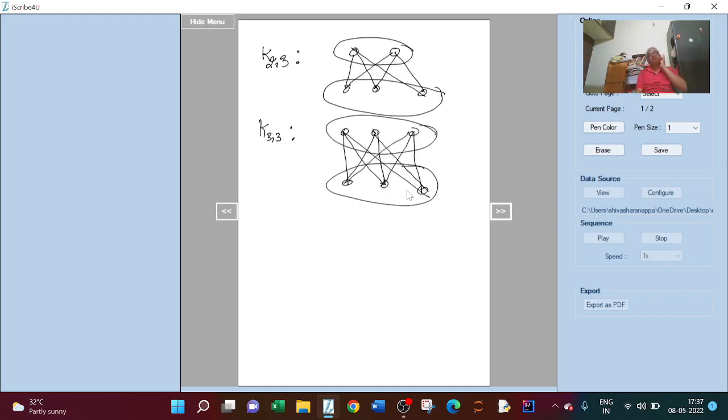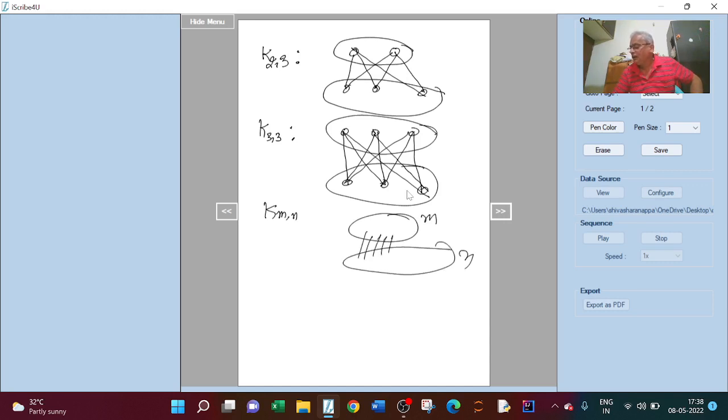This is known as a complete bipartite graph. So in general we write K m,n, meaning here we have m vertices and here we have n vertices. Every vertex of V1 must be adjacent with every vertex of V2. Then we say that it is a complete bipartite graph. Otherwise we just say that it is a bipartite graph.